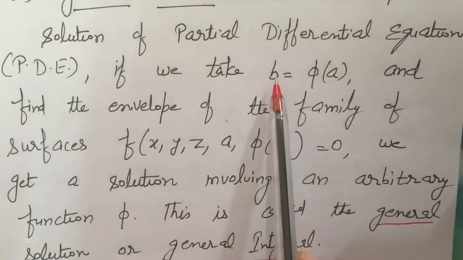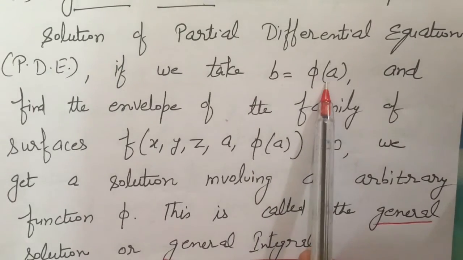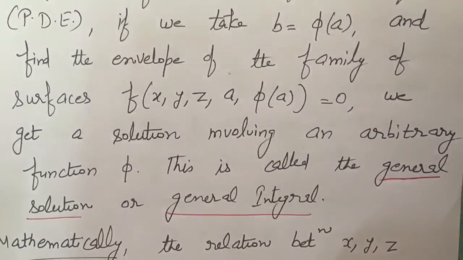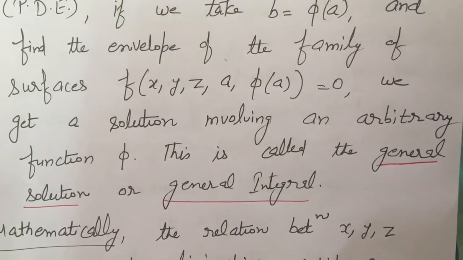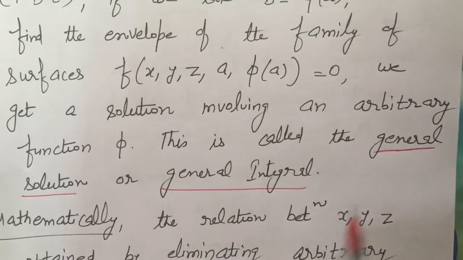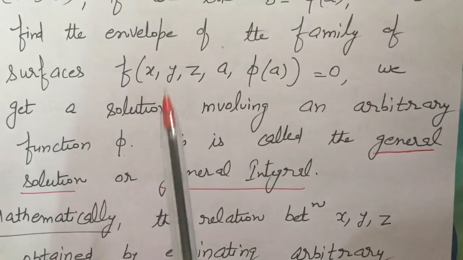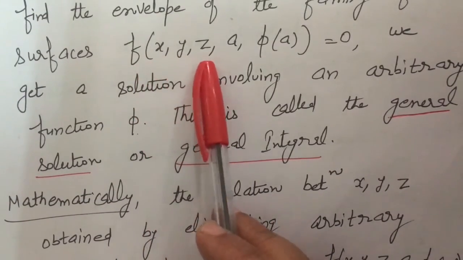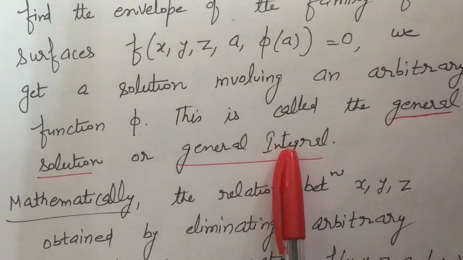If we take b as some function of a, replacing one arbitrary constant in terms of the other, and find the envelope of the family of surfaces, we get a solution involving an arbitrary function phi. This is called the general solution or general integral.